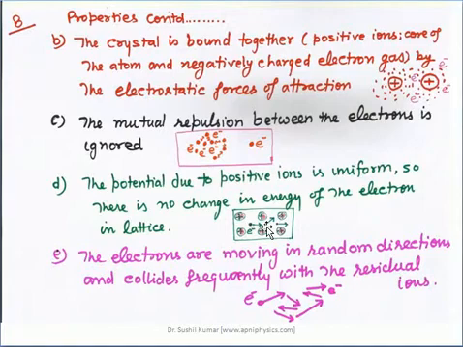So the core of the sodium ion is the residual ion, except for the valence electron. The rest of the part of the atom is known as the residual ion.